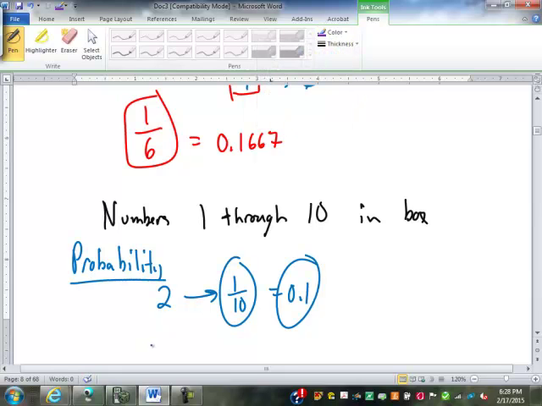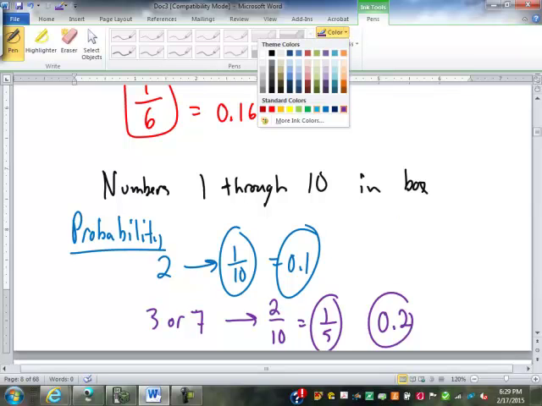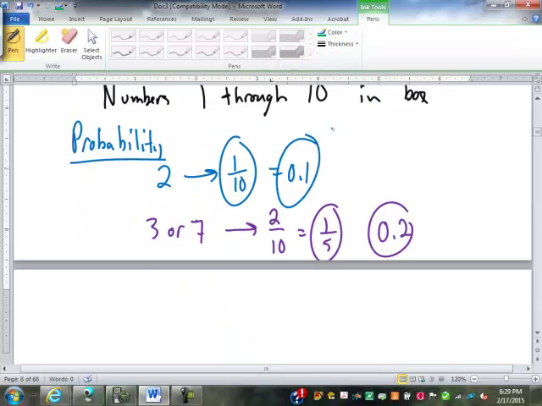What is the probability of drawing out a 3 or a 7? Well, there's 1 three and there's 1 seven, so there's 2 desired outcomes. Either one of those would be desired out of 10 total. So that can reduce to 1/5 or 0.2 if you want to put it that way. What would be the probability of drawing out an odd number?